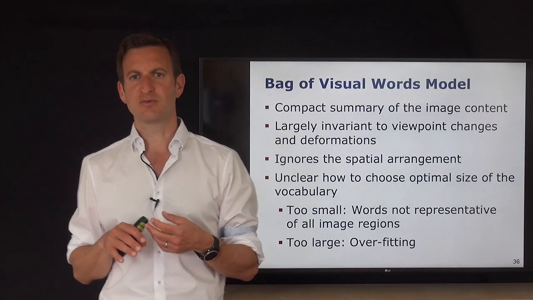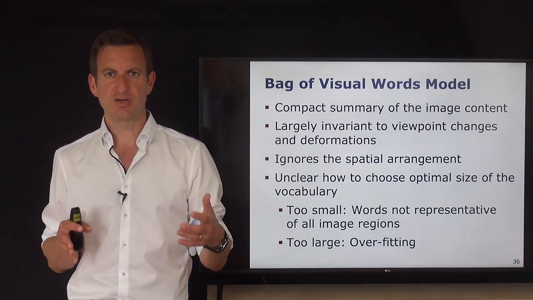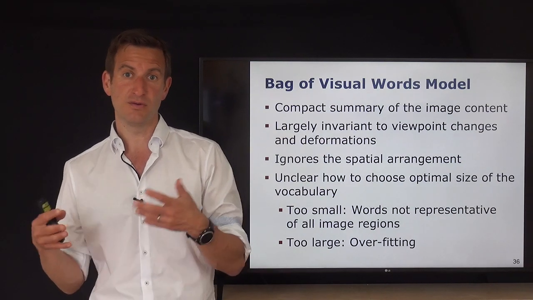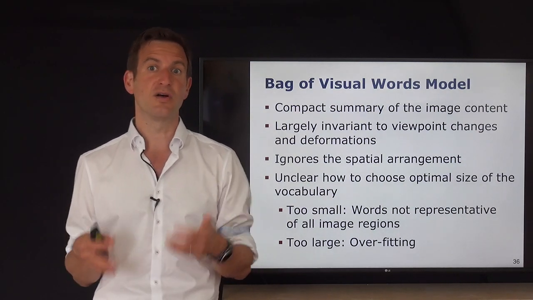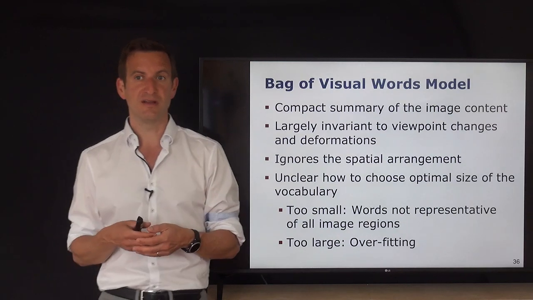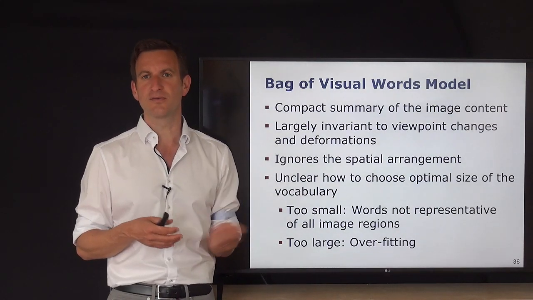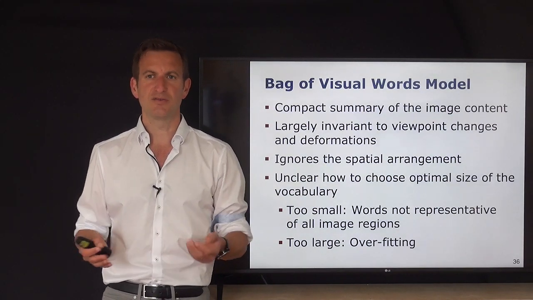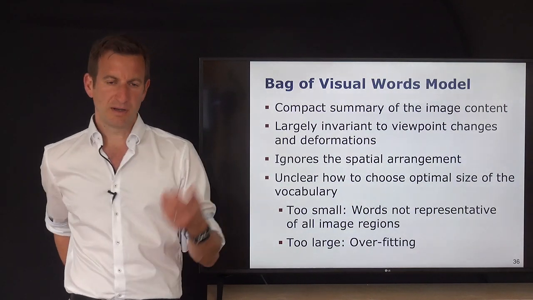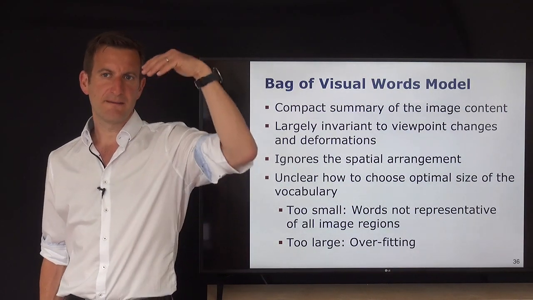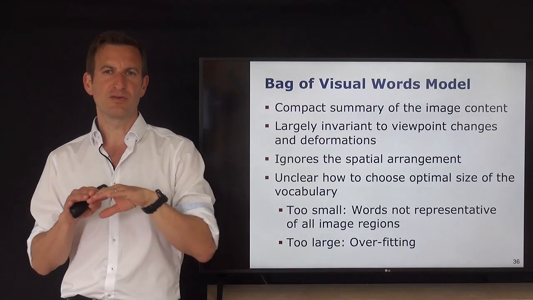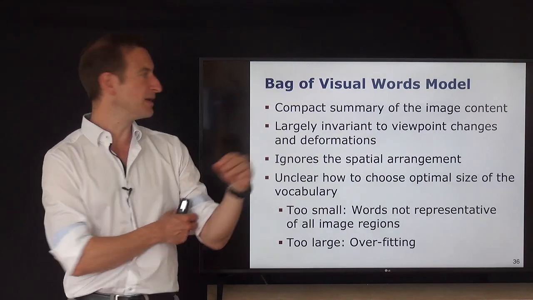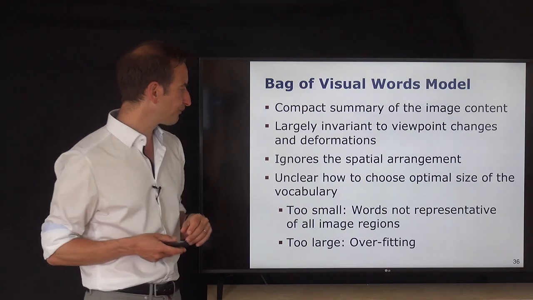Of course, under the assumption that if you record a scene from 2 different viewpoints, the feature descriptor is also at least to some degree invariant under the viewpoint changes, which holds for SIFT features up to a certain degree. But once you have the visual words, the bag of words approach completely ignores the spatial arrangement and just looks into counts.